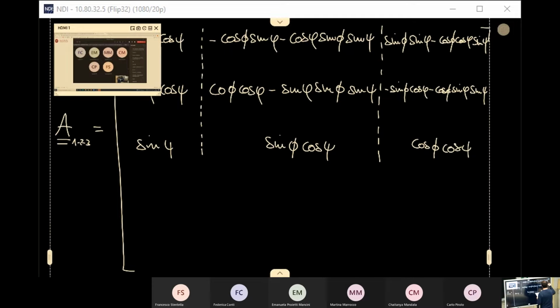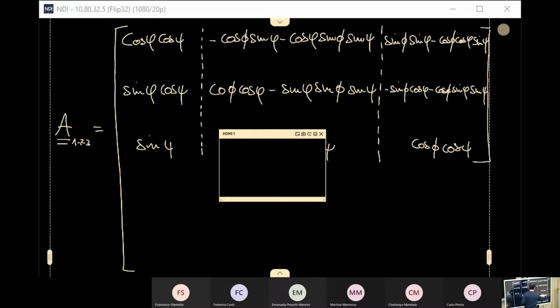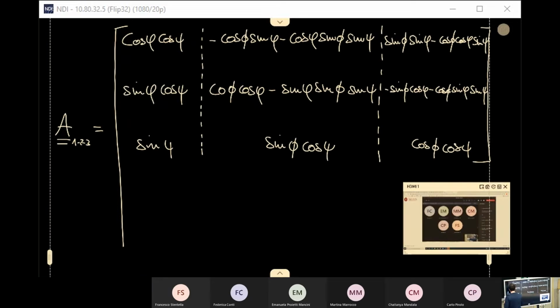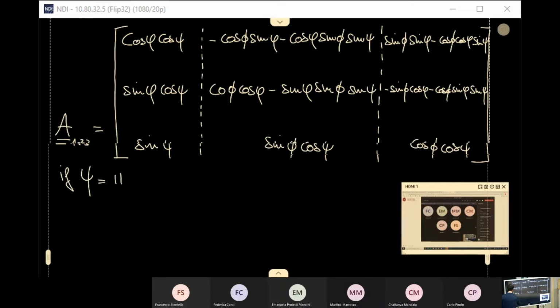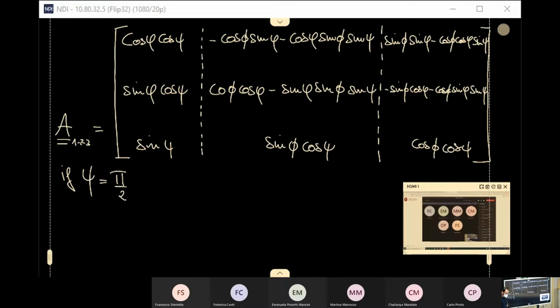okay, now, if you take a look at this, allow me to move this out. You may notice something. What happens if C is equal to pi divided by 2?